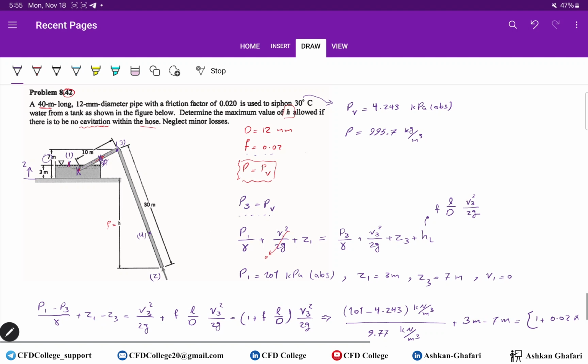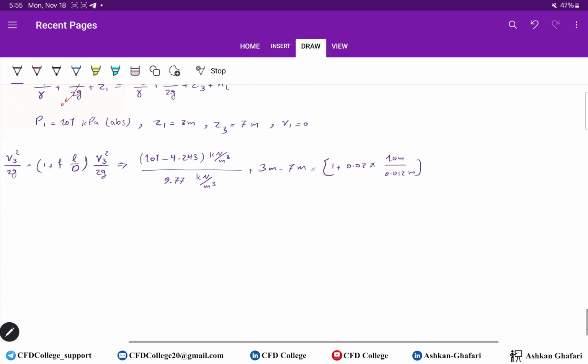We are moving from point 1 to point 3, and there is no minor loss at the inlet, but the L, the length of this part of tube, is 10 meters, times V3 square over 2 times 9.81 meters per second square.